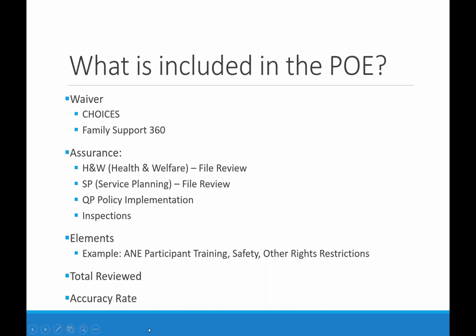We look at the total sample reviewed for any given element and compare that with how many were correct and how many were deemed incorrect, and that helps us calculate the accuracy rate. This is all done automatically within the SMART review system.